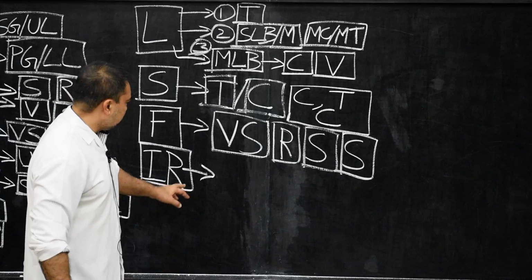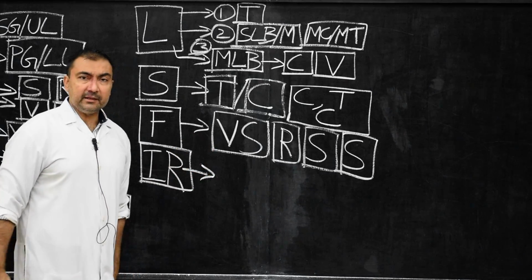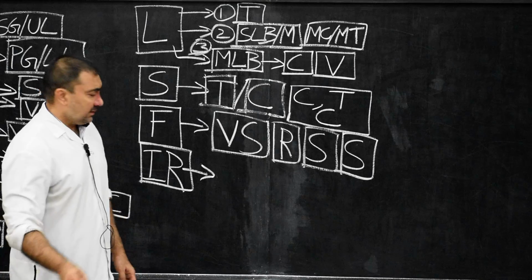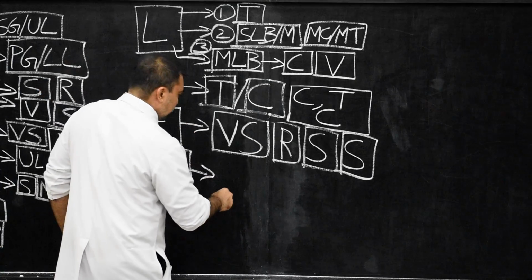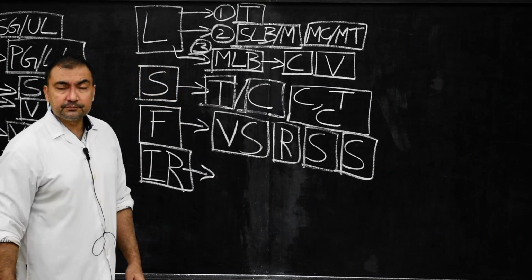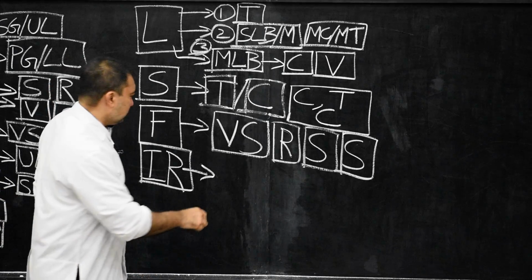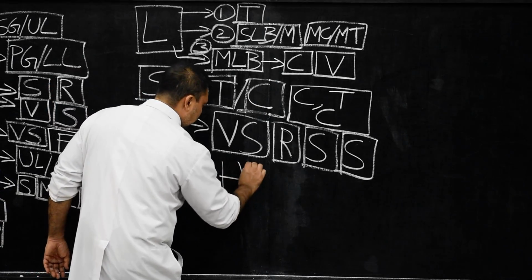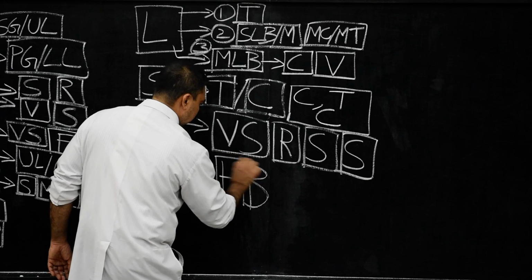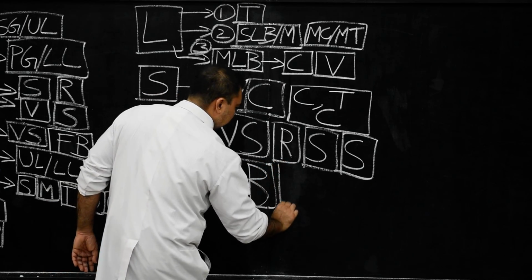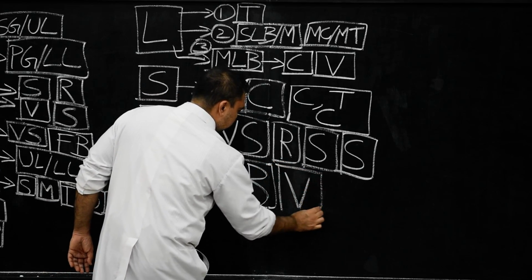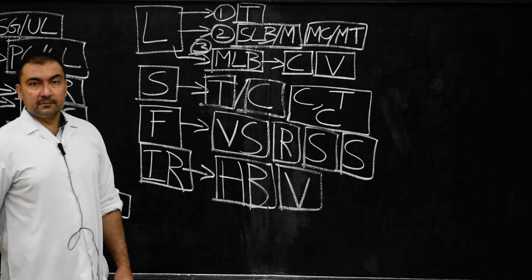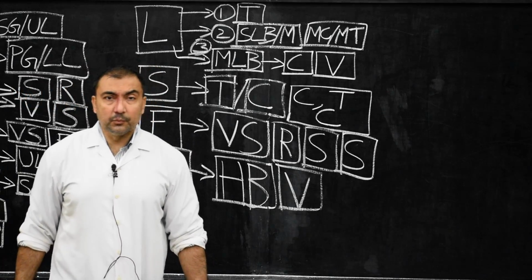Give examples, very important. Examples of irregular bones are the hip bone, which is one of the strong examples of irregular bone. Along with that, vertebrae are irregular bones.